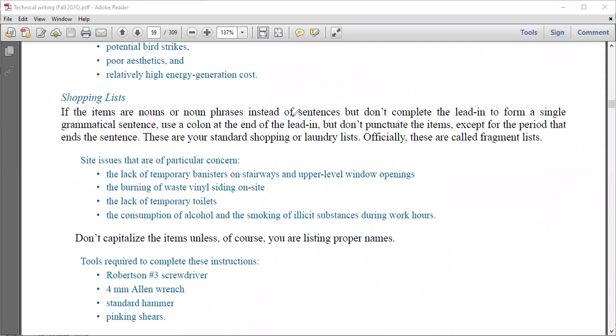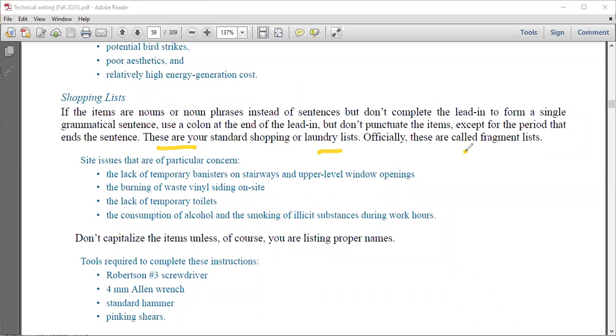If the items are noun phrases instead of sentences, but don't complete the lead-in to form a single grammatical sentence, use a colon at the end of the lead-in, but don't punctuate the items except for the period that ends the sentence.